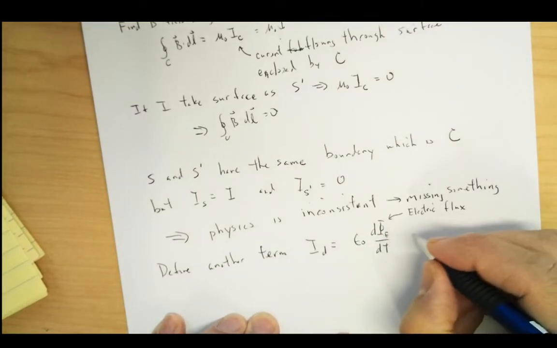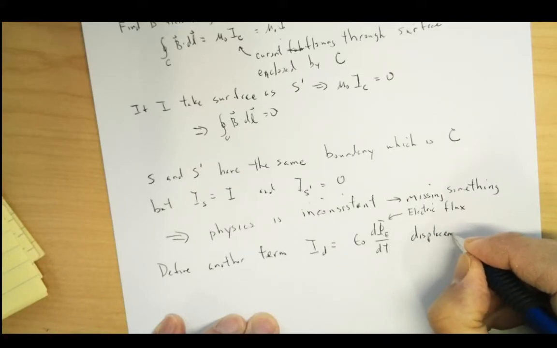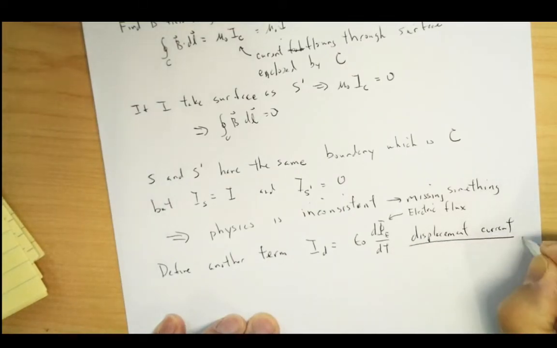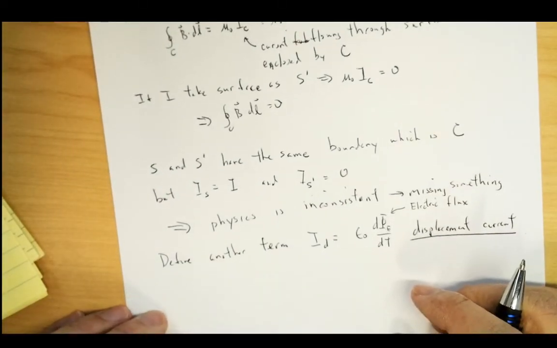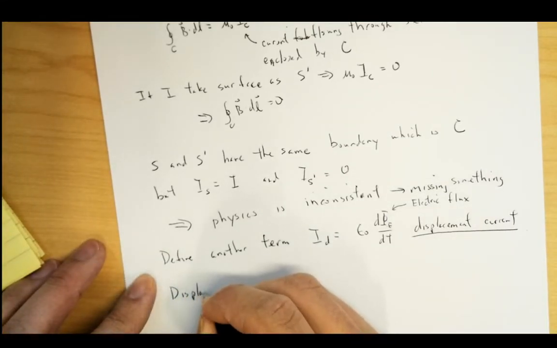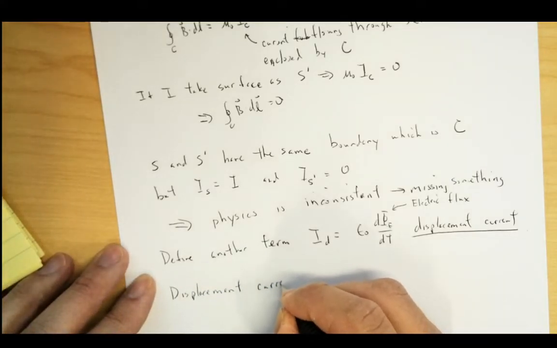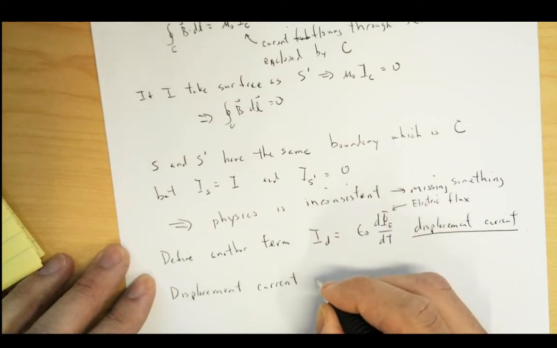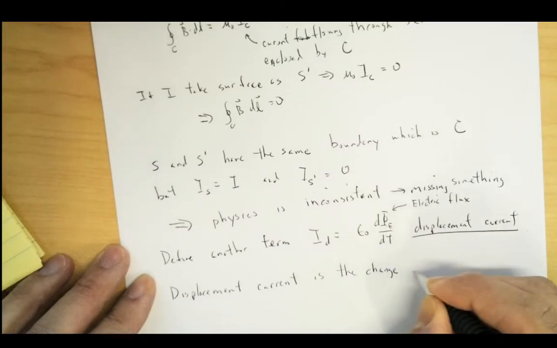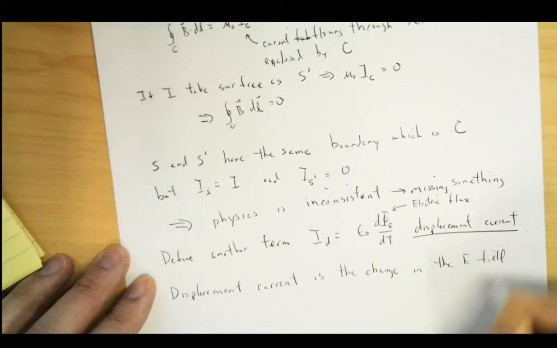And I'm going to call this the displacement current. And so the displacement current is the change in the E field.